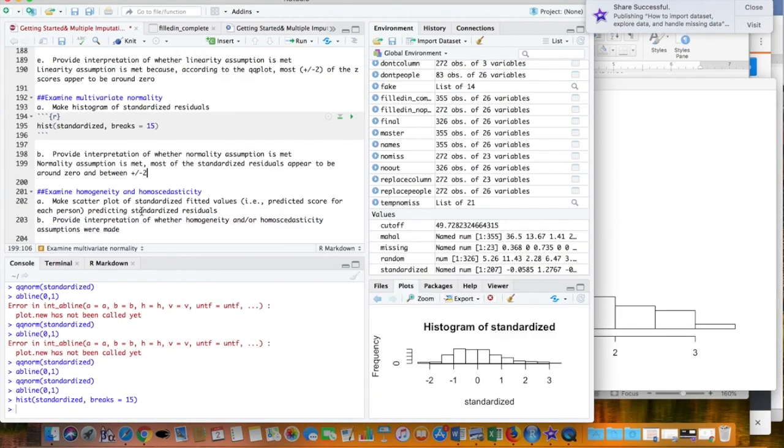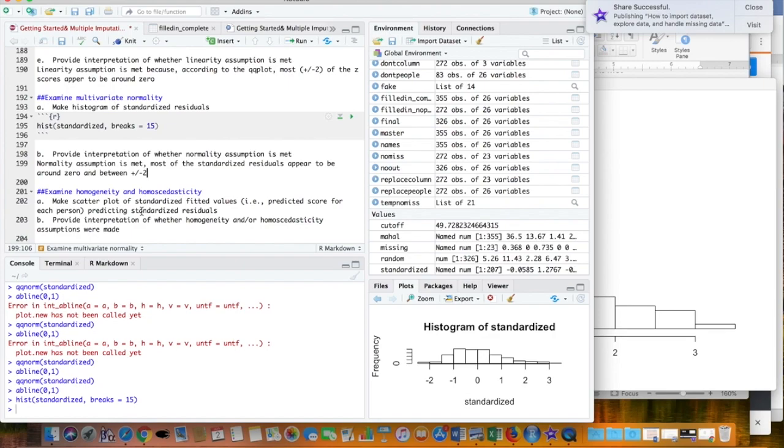Homogeneity and homoscedasticity, both concepts are fairly closely related to one another. Homogeneity is the assumption that variances of the variables are roughly equal for all of the variables. And homoscedasticity is the idea that the spread of the variance of each variable is the same across all values of the other variables.